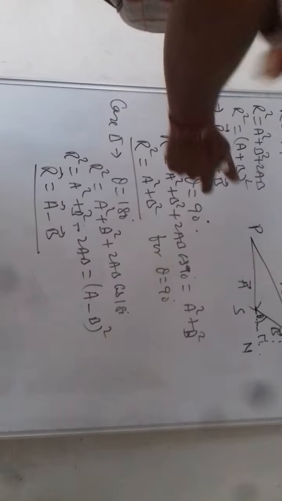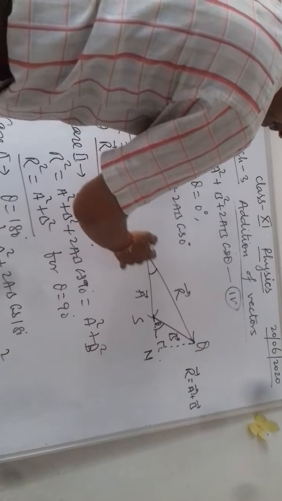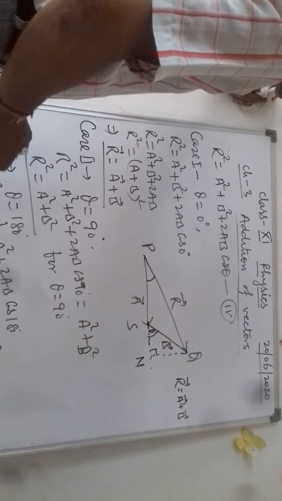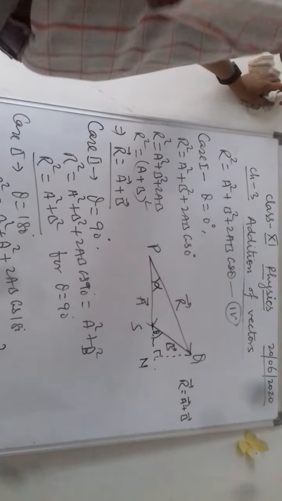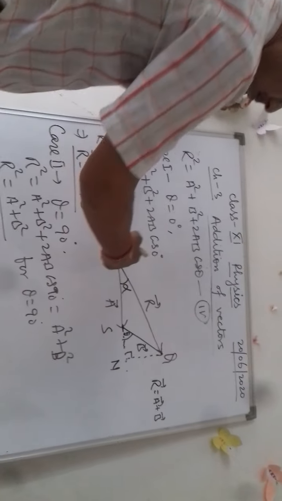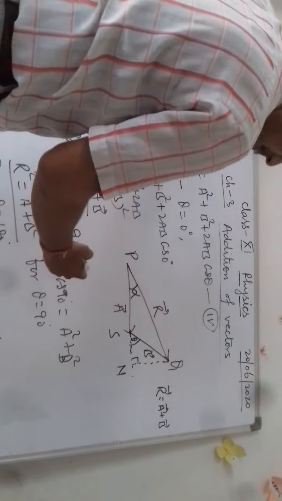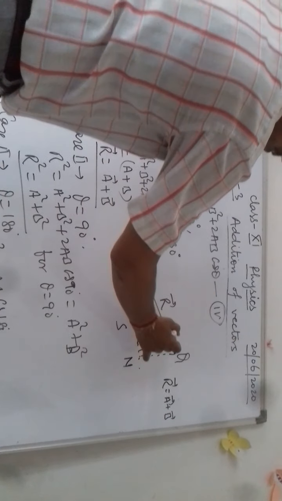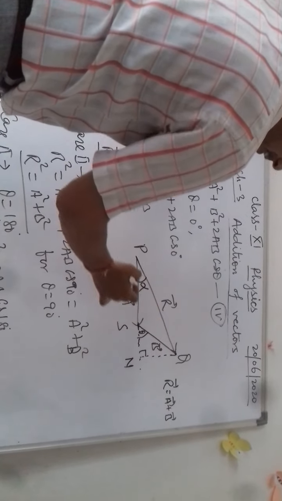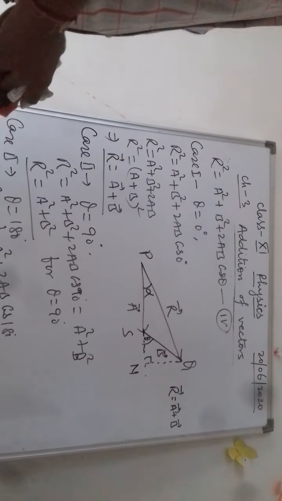Next we have to find the angle of the resultant vector of two vectors A and B. How much angle, that means the direction of the resultant vector R with the horizontal. Suppose we take angle alpha of resultant vector R with the horizontal, then how much is the value of alpha?